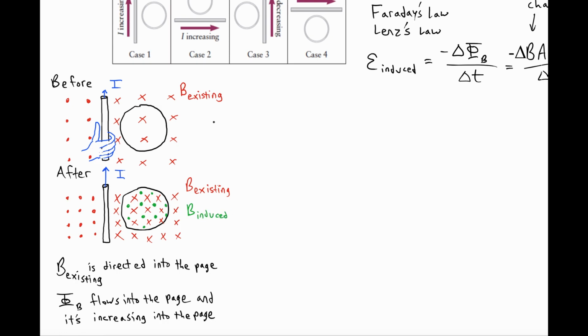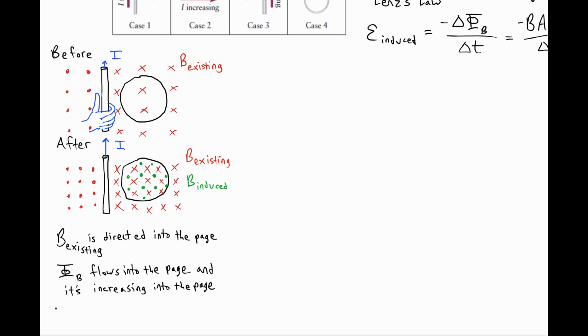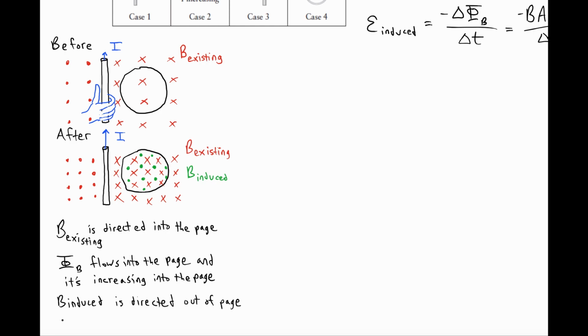All right, so the green here is what's called B induced, the induced field. So B induced is directed out of the page. So now you just want to use the right-hand corkscrew rule for current in a loop.